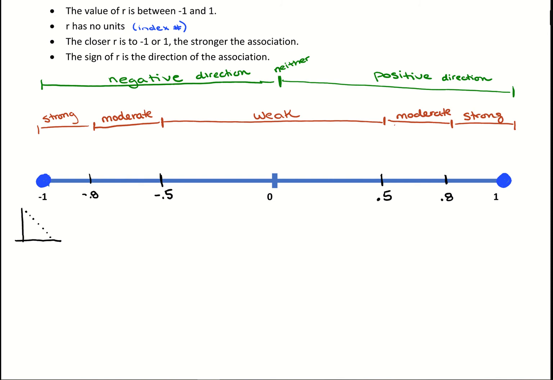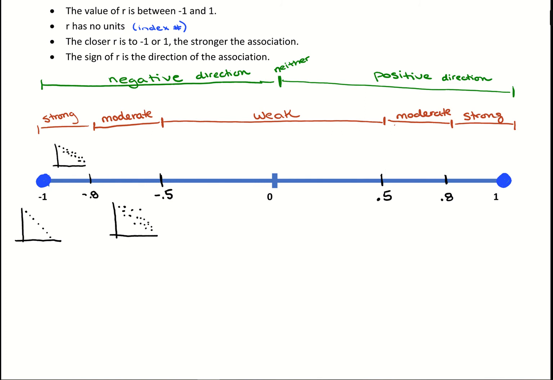Then as we go between negative 1 and negative 0.8, it'll be a very strong relationship, but maybe a little more scattered than we see at negative 1, but still very linear and decreasing. And then with moderate, it'll be decreasing, but have even more scatter to it, but it should still be clearly linear.